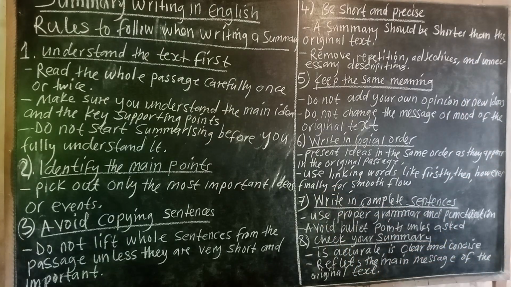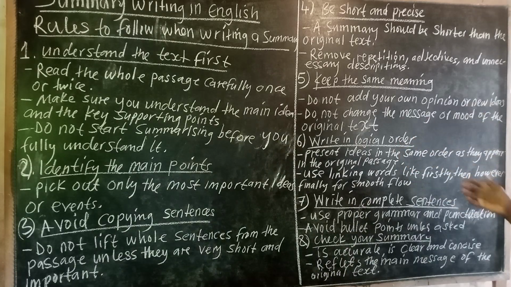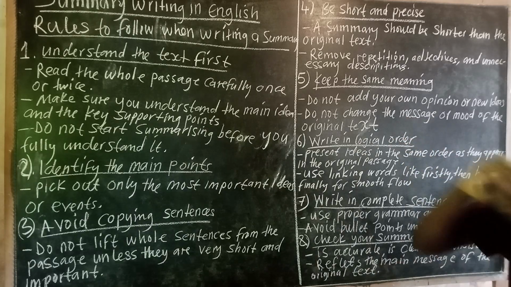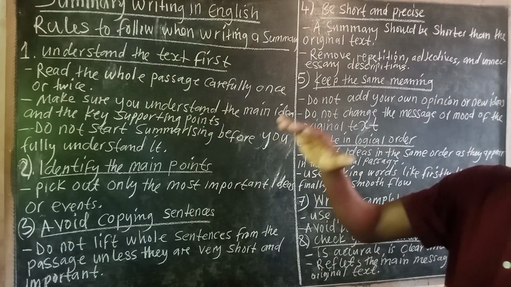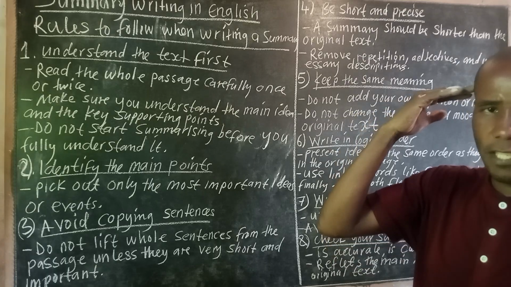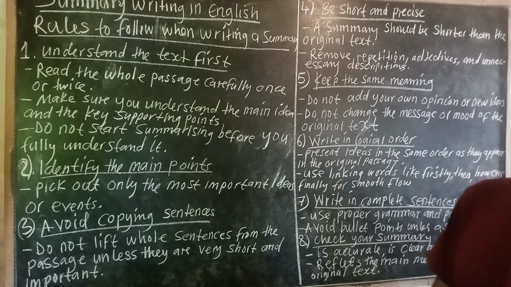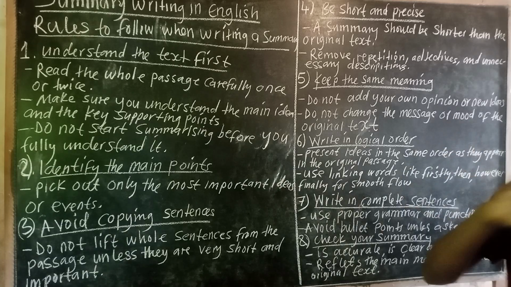Like that, you are going to lose a lot of marks. That's why they are emphasizing not to add your opinion or ideas, and not to change the message or mood of the original text. In the first place, you need to understand, so that as you are summarizing, you have it in your mind that this story is talking about this. By so doing, you are not going to change anything.